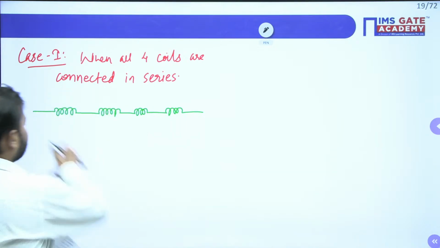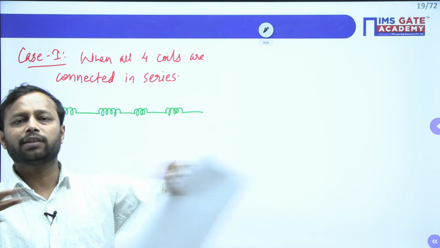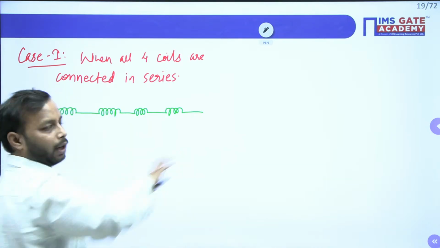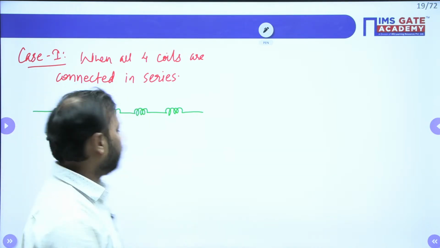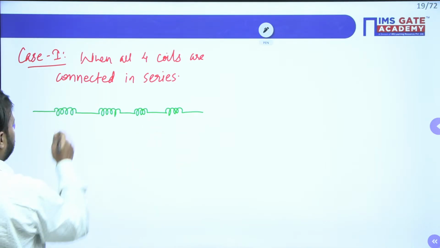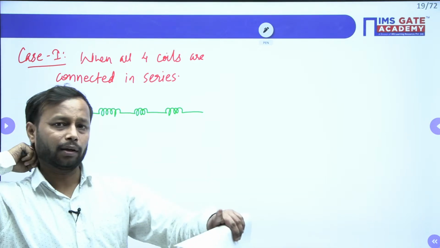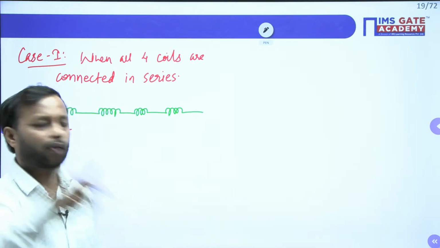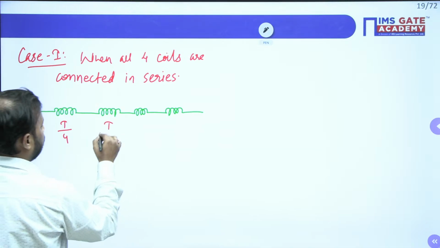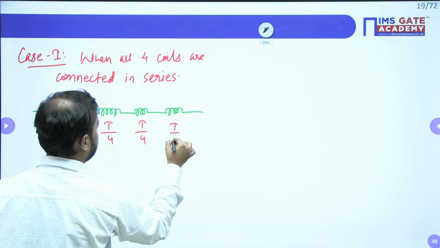Now let us take the total number of turns, means whatever turns that we have for this coil, let us take T. So if the total turn is T, then one coil will have T by 4 turns, isn't it? So 4 coils will have total T turns, then one coil will have T by 4, T by 4, T by 4 and T by 4.